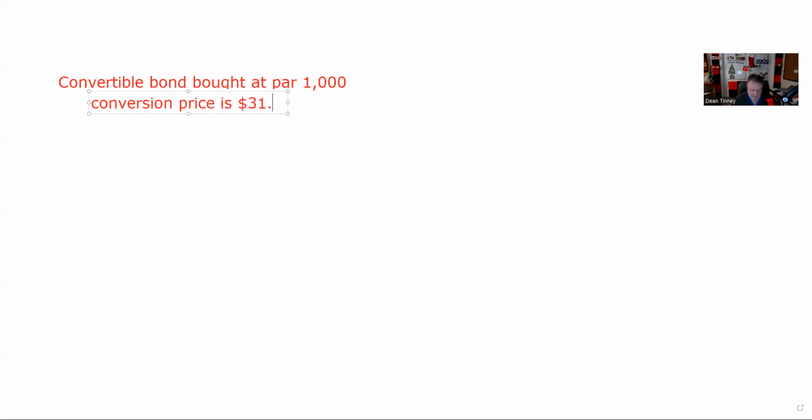Now, those terms are set up when the bond is issued. I can't stress this enough to you. When given the conversion price, you need to establish the conversion ratio. You can't do anything in the convertible until we establish the conversion ratio.